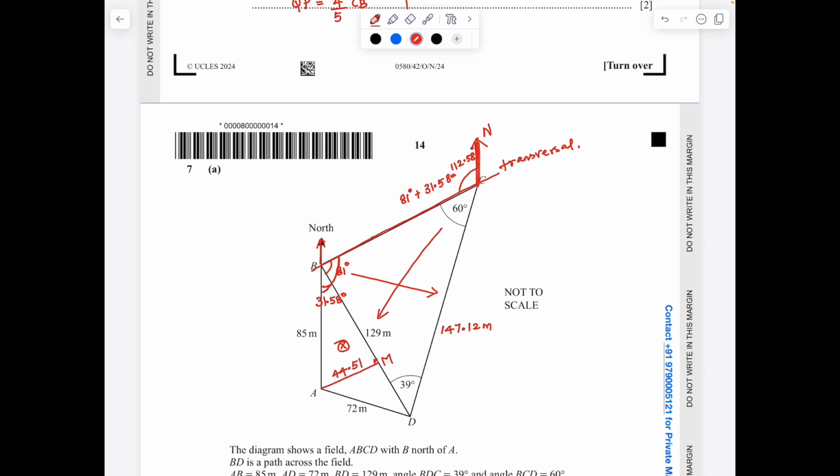Now we have to get the bearing of B from C. That means this entire angle is 360.